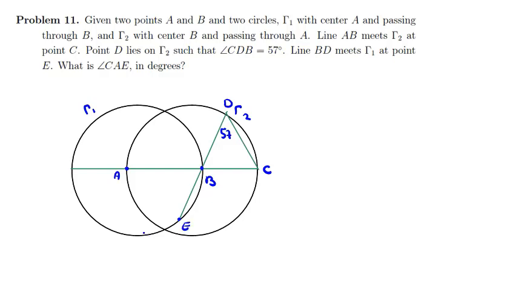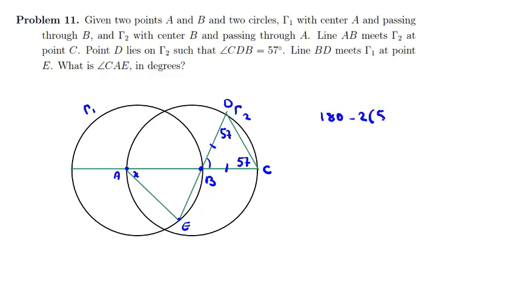At point E. What is angle CAE? Let me connect. What is this angle? Let me call this angle, for example, x. So here we know the center is this, so it is a radius, so it is 57. And we want to find this angle.